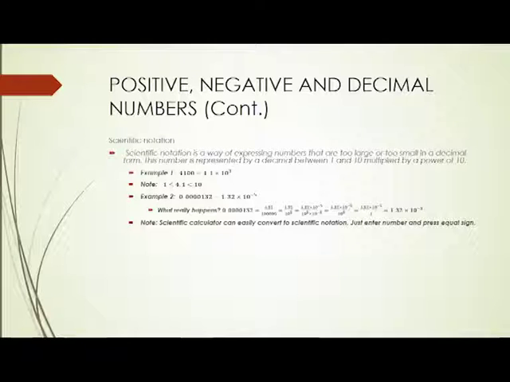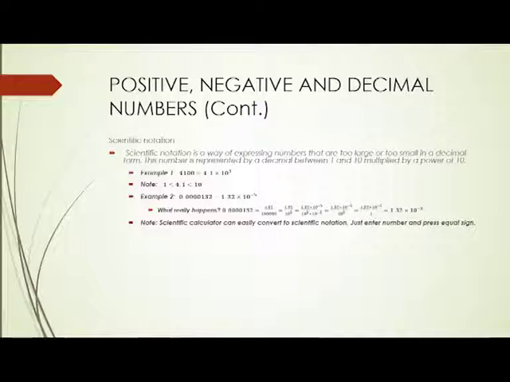A scientific notation. When we look into scientific notation, it is just a way of expressing numbers that are too large or too small in a decimal form. For example, we have 4,100. We can express it even if it's not a very large number.